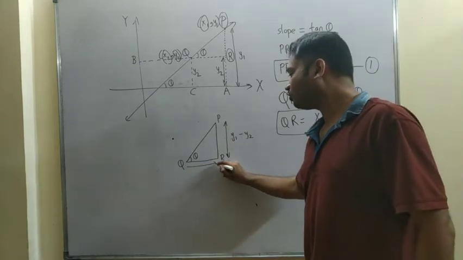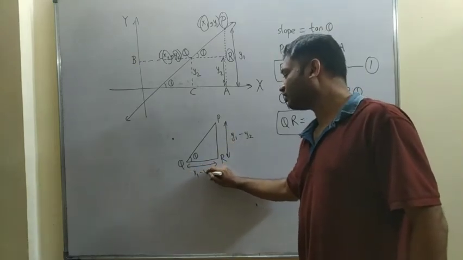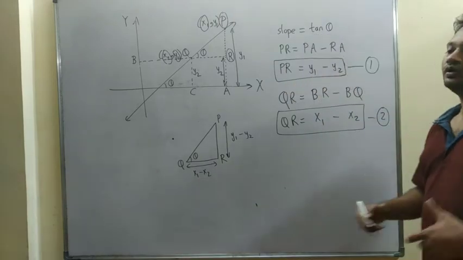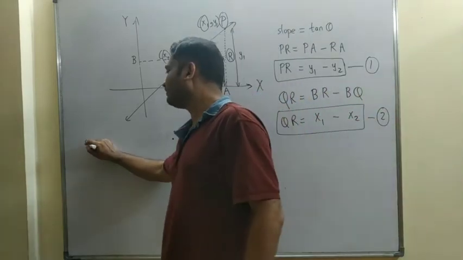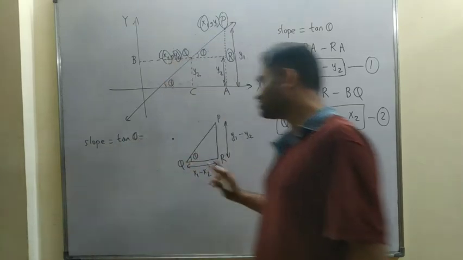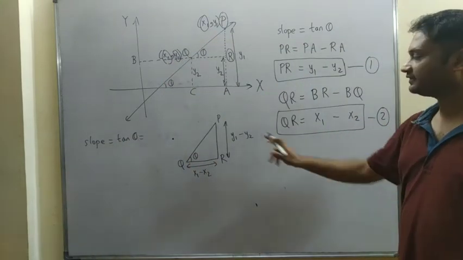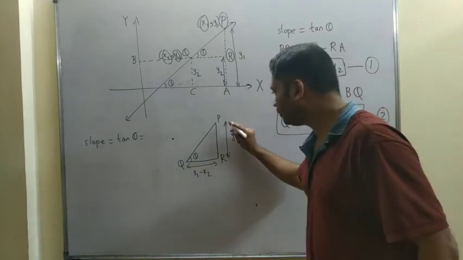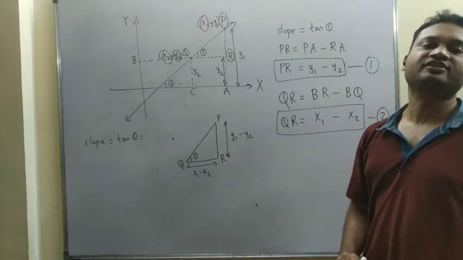Similarly, the value of QR we found is x1 minus x2. Now, slope we know is given by the formula tan theta. In this right angle triangle, tan theta is opposite side upon adjacent side.